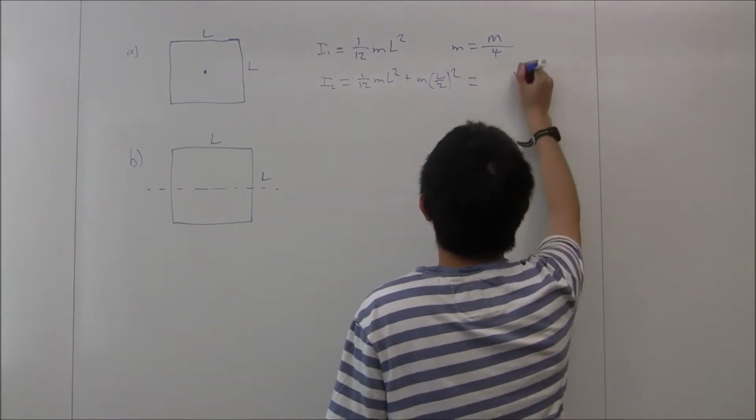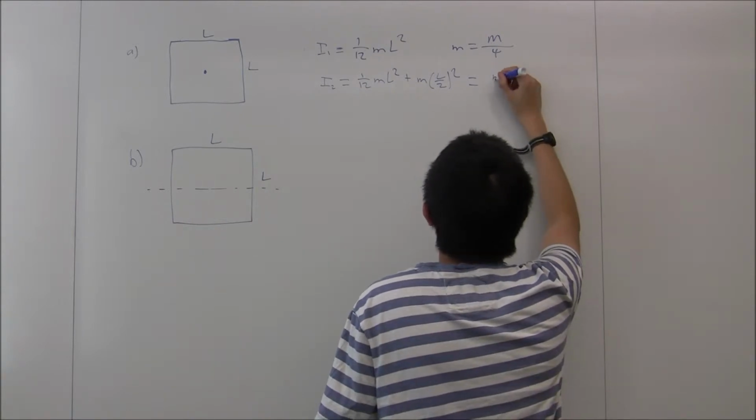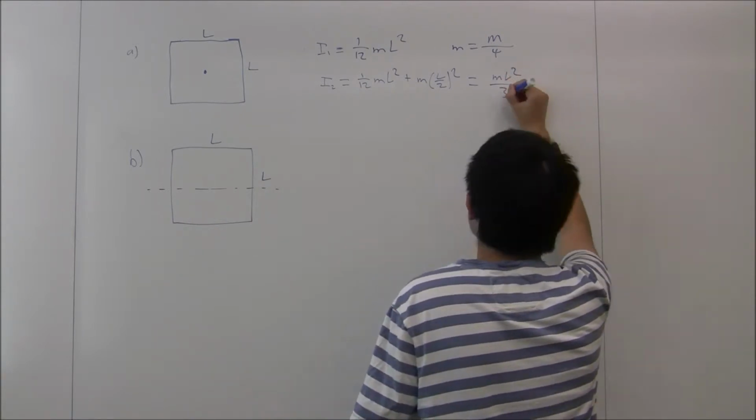And if we simplify that, that is just going to be m L squared over 3.